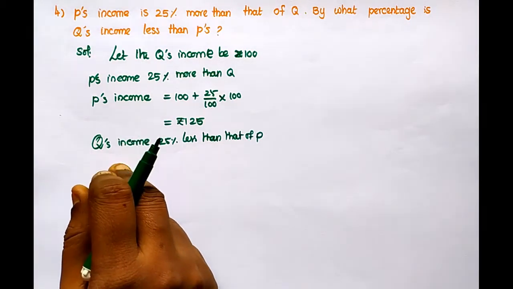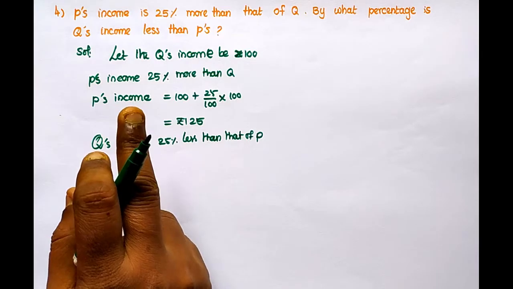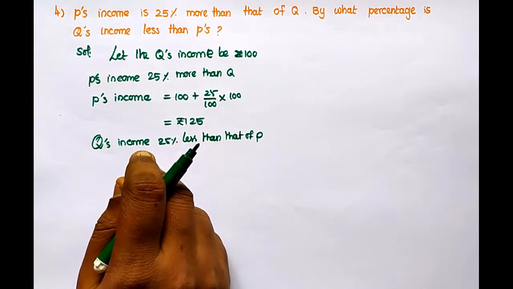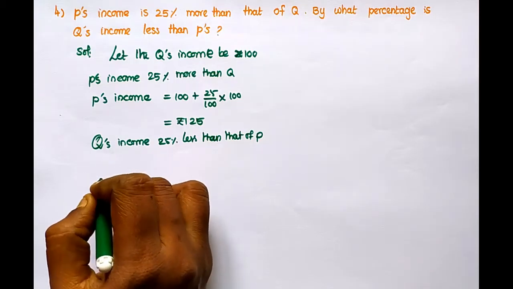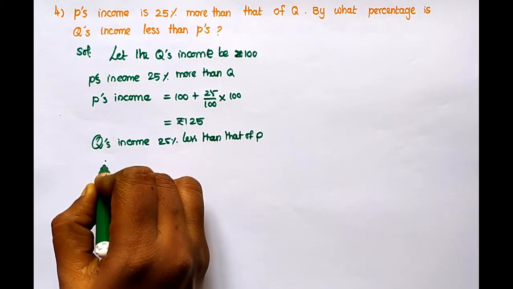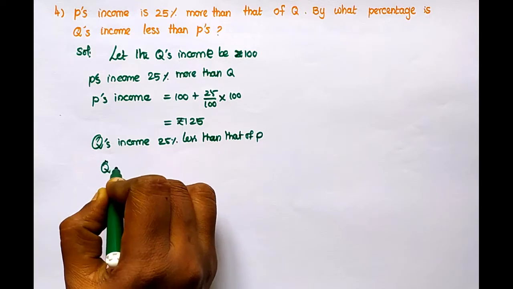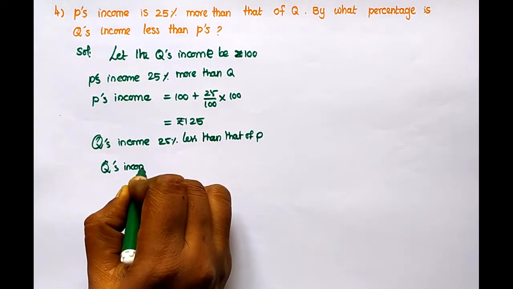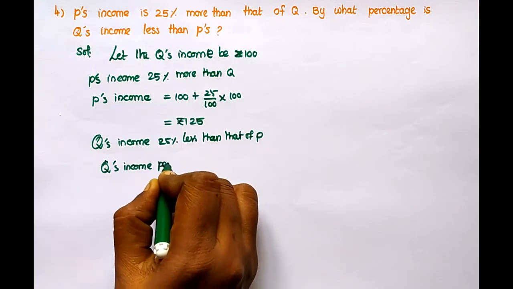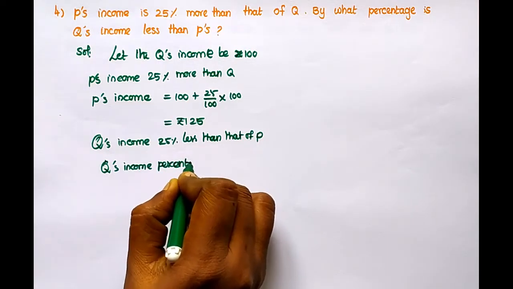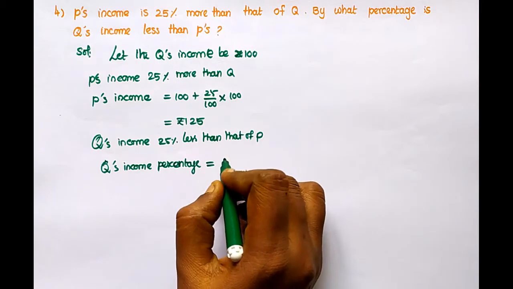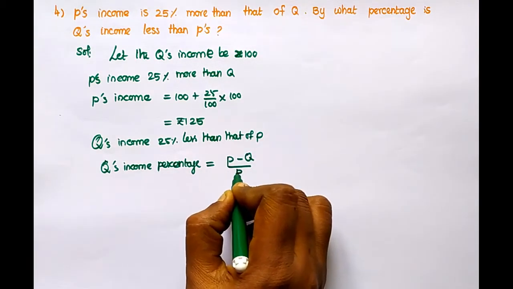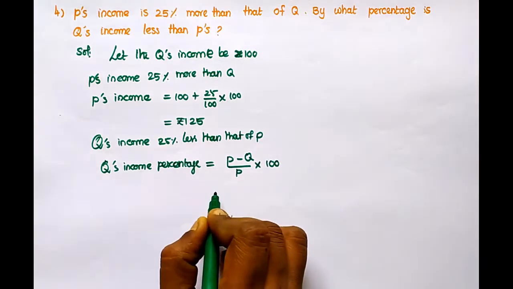Listen here, Q's income is less than that of P, so we have to find out the percentage, that is P minus Q by P into 100.